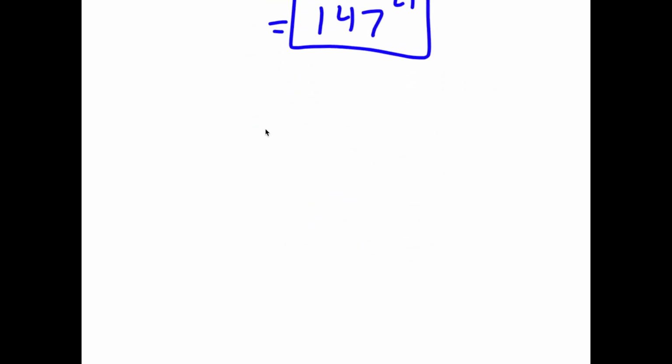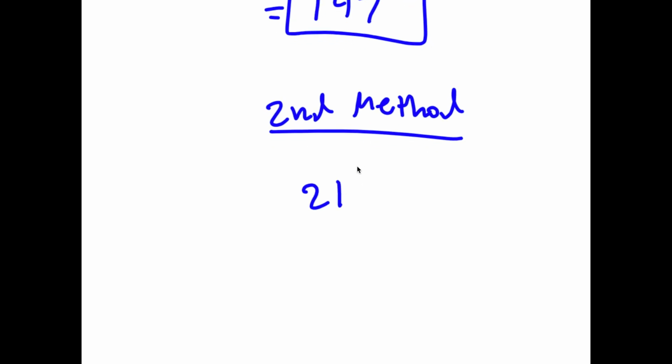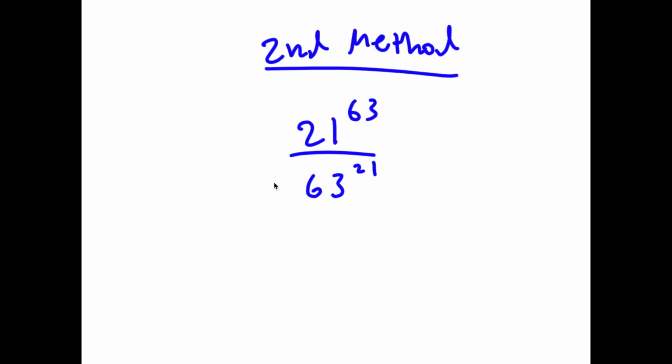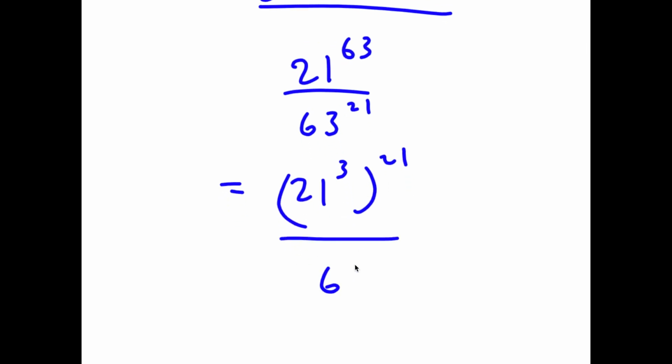Now I actually have a second method of solving this problem. So again, I first start with 21 to the power of 63 over 63 to the power of 21. Now this time, I'm going to rewrite 21 to the power of 63 as 21 cubed to the power of 21. Now I have this over 63 to the power of 21.